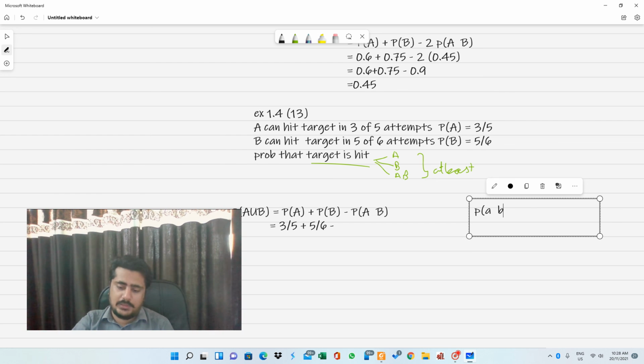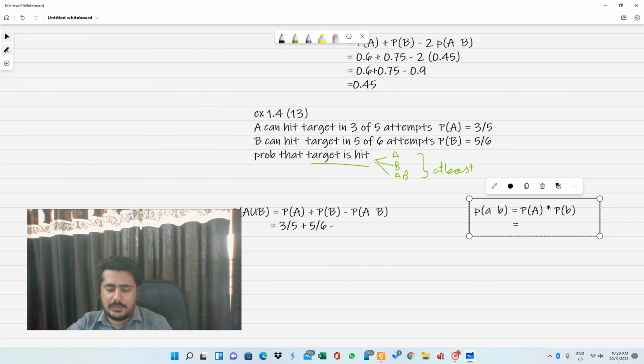So P of A intersection B is equal to P of A into P of B, this A is 3 by 5, this B is 5 by 6.